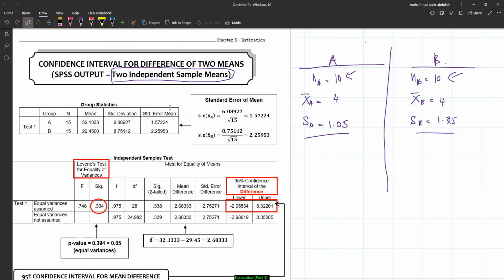So children at playground A and children at playground B are not the same person. This is not related between A and B. Children in playground A are not related to children in playground B, meaning they are not the same person.